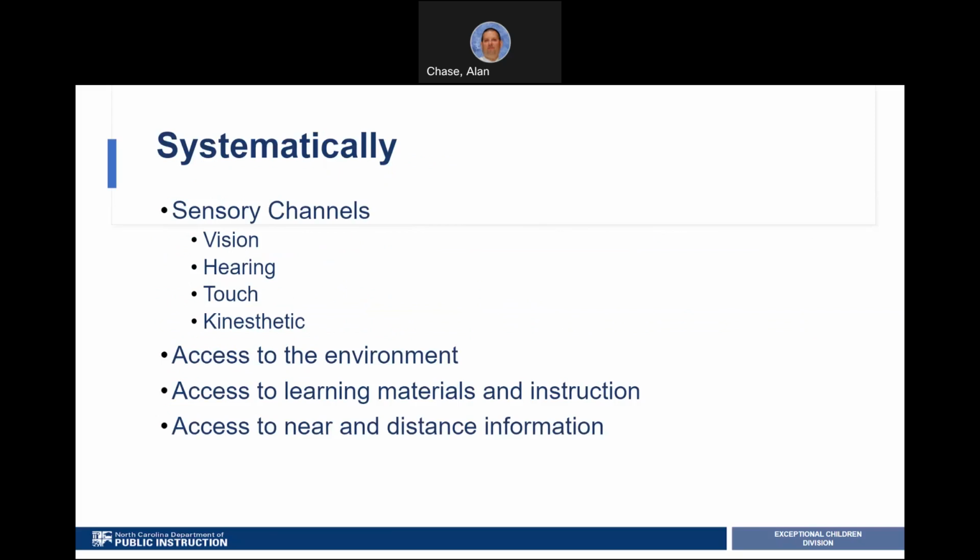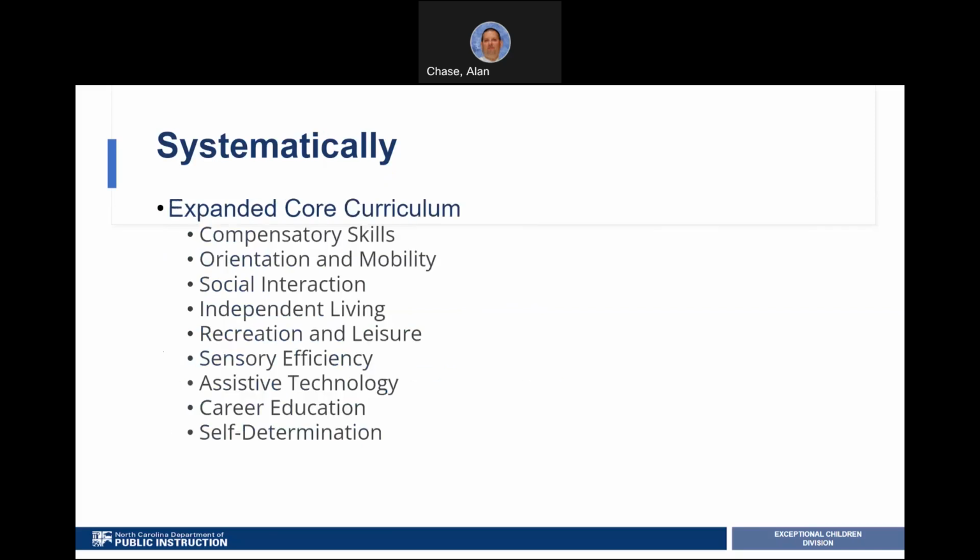It is important to consider both the physical and learning environments when assessing each of these sensory channels. Additionally, the learning media assessment is grounded in the 9 areas of the expanded core curriculum. These 9 areas represent specially designed instruction for students with visual impairments.